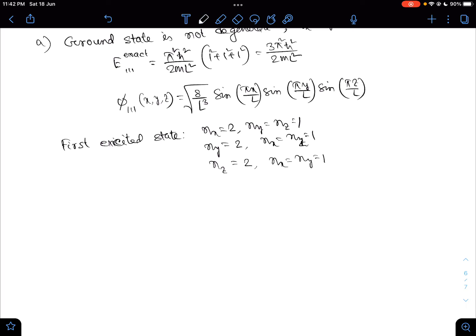Why? Because for all these three sets of quantum numbers, if we notice our energy value carefully, they will be the same, because this term nx squared plus ny squared plus nz squared is the same for these three pairs.